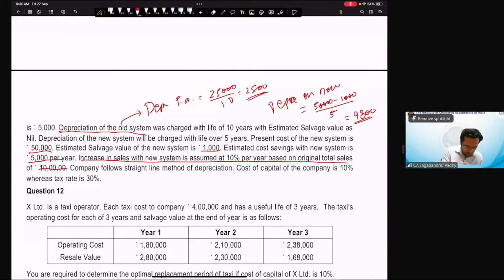Is it 10 lakh or? No, this is 1 lakh. Sorry, this is 1 lakh. So the comma has been placed inappropriately. One second. Let me just do one thing.